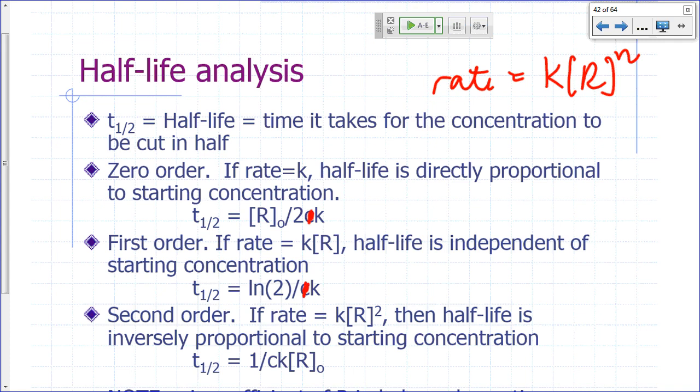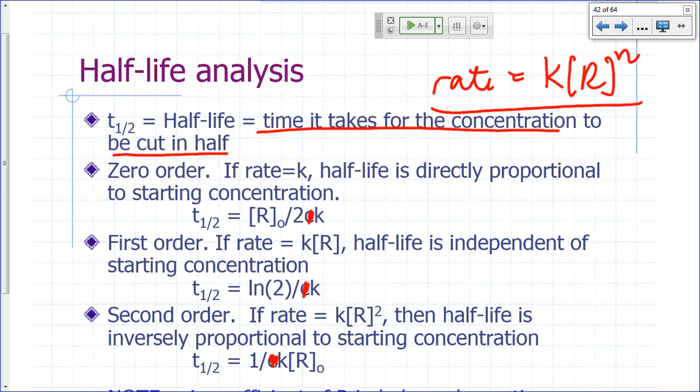That's a coefficient in a balanced equation, so I'm just going to get rid of that. Okay, so if the rate is equal to K times concentration of R raised to the power n, you can use what's called a half-life analysis. By plotting the concentration of R versus time, and you examine what's known as the half-life, you can determine your rate law, and you can determine the value of your rate constant based on the half-life. Okay? So the half-life is the time it takes for the concentration to be cut in half.